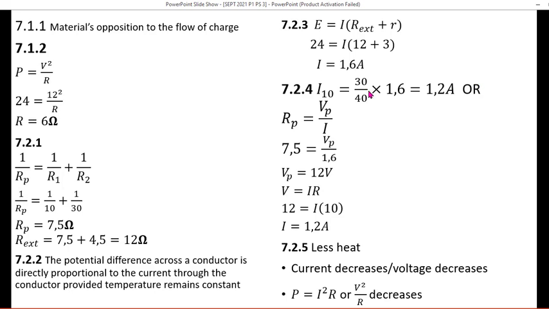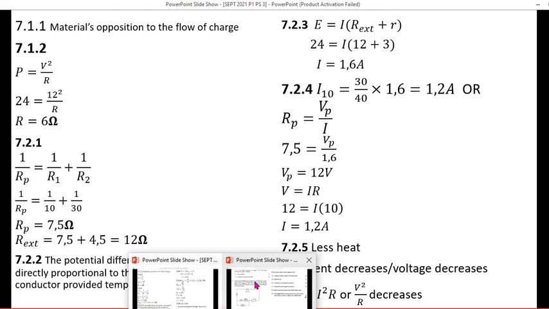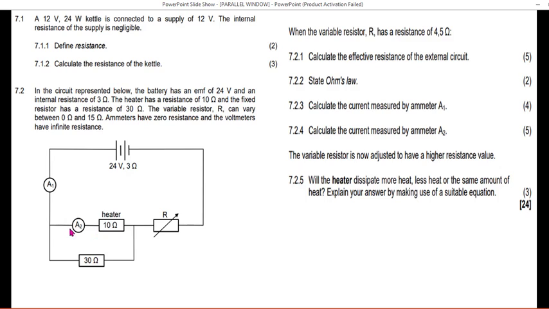If we don't do it simply like this, then we can use Ohm's law. That is R parallel is equal to V over I. How does this one work? We know that these two resistors, the heater and the 30 ohm resistor, are current dividers, so the voltage here is the same. They have the same voltage.